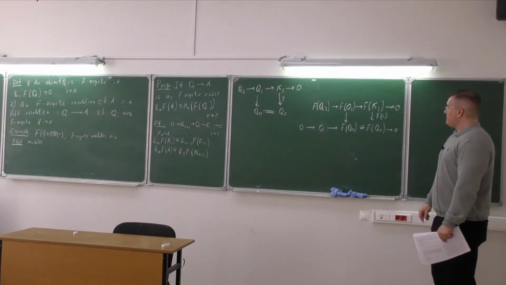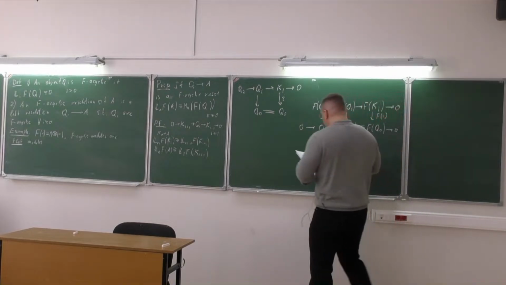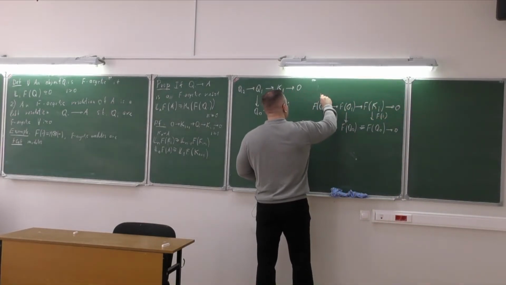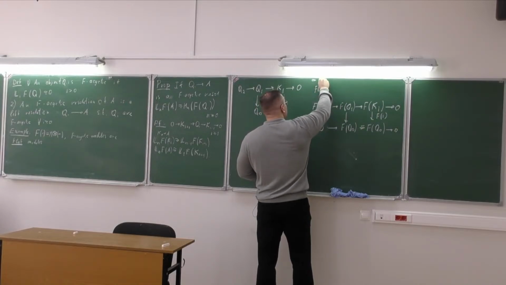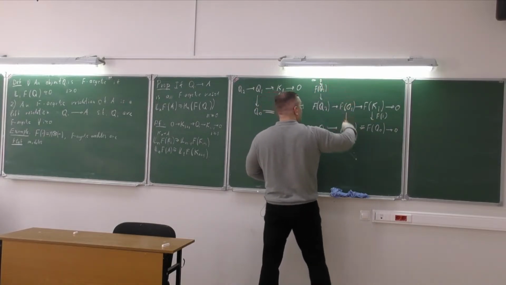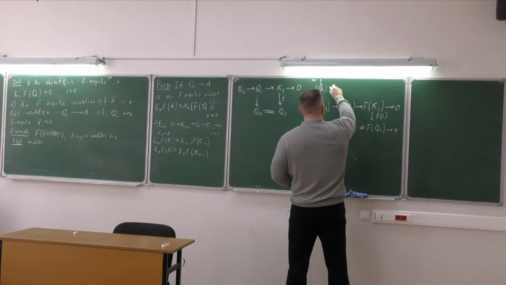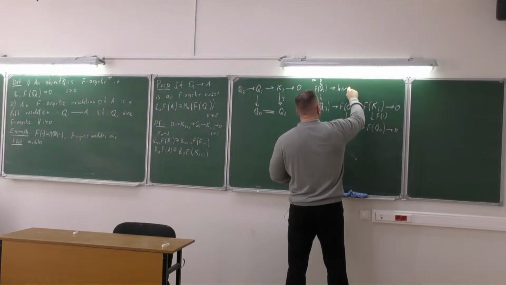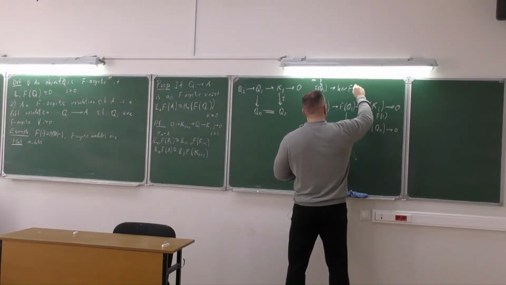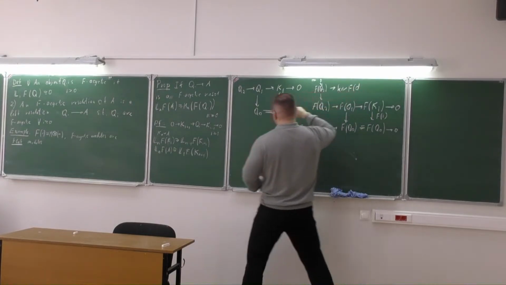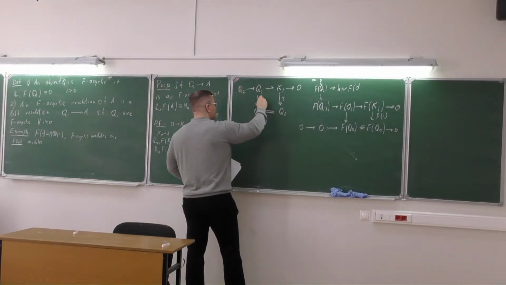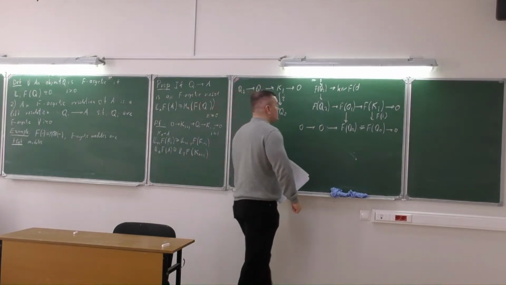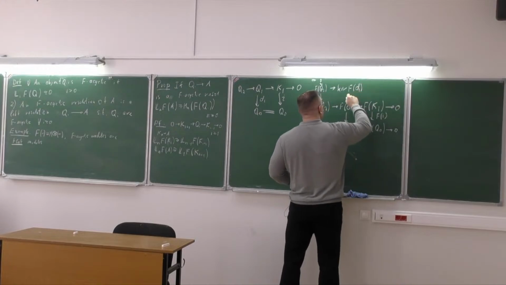And then I apply the snake lemma. So the kernel here is very easy to compute. This is F of Q_2. Now the next kernel I just write as the kernel of F of the differential. Right, so this map from Q_1 to Q_0 is just the first differential. So this is just F of d_1.